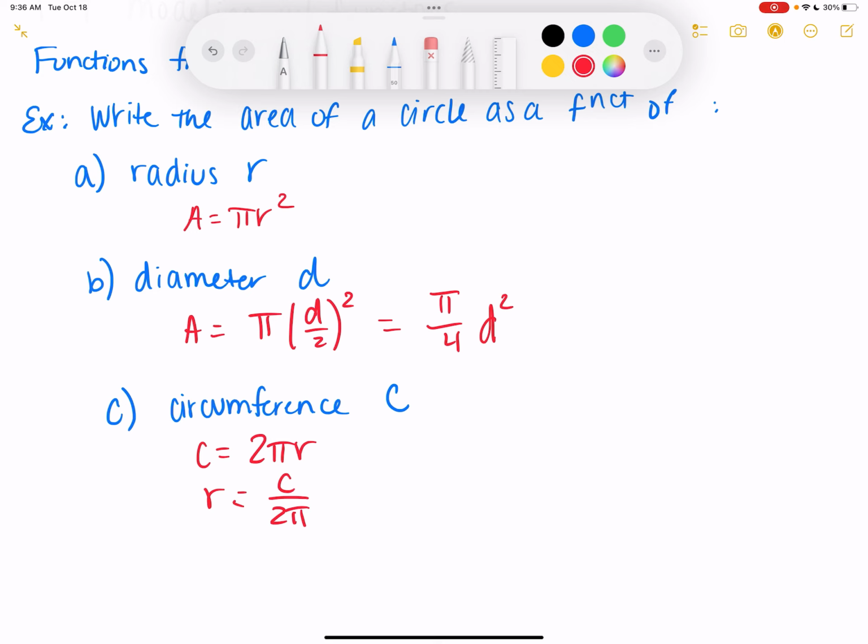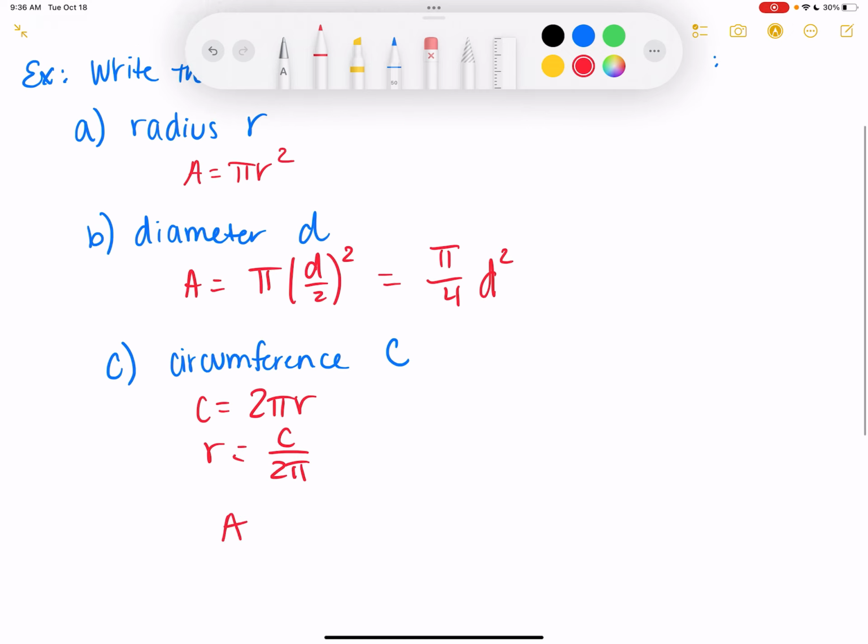So in the area formula, I replace r with c over 2 pi. So A equals pi times c over 2 pi, squared. To make it prettier, pi times c squared over 4 pi squared, which is c squared over 4 pi.